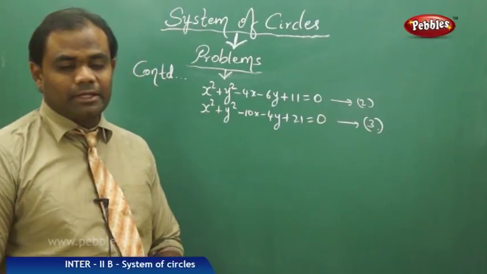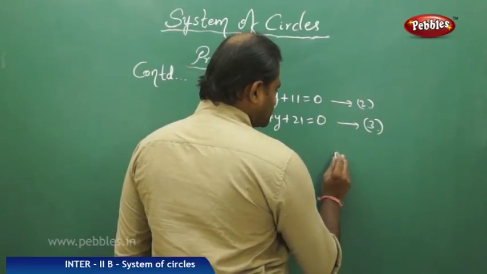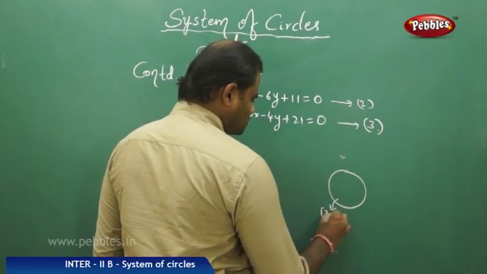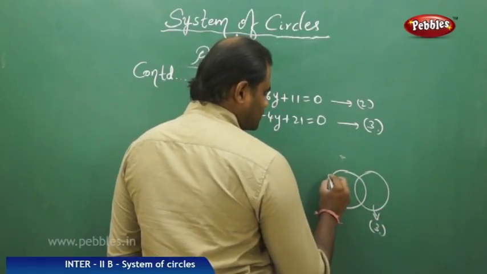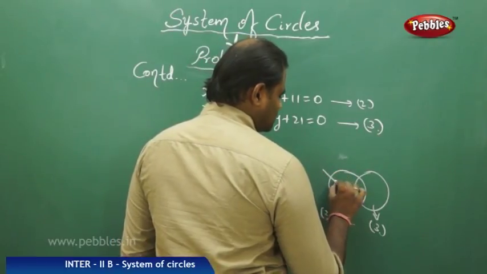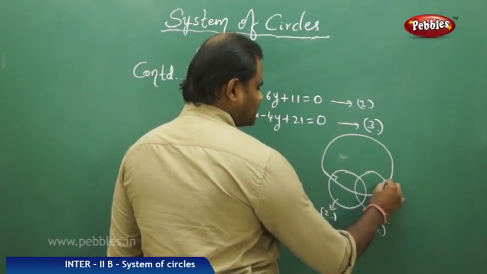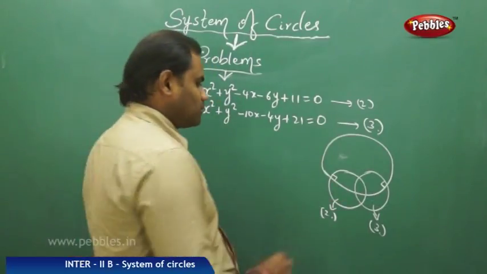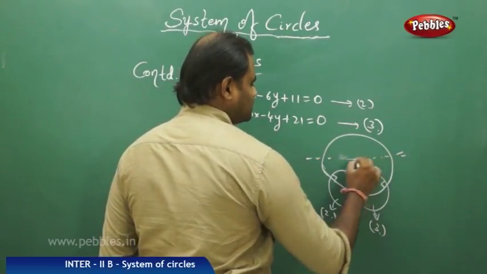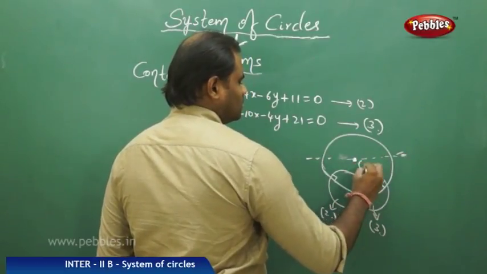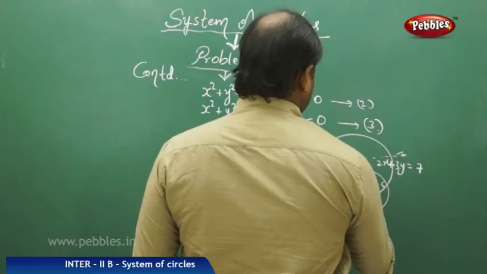Now with the given problem, we assume that if I would like to find the equation of the circle which cuts the circle with equation 2 and the circle with equation 3, then the circle which is cutting this orthogonally, that is at 90 degrees and at 90 degrees, then we have to find the circle which cuts this circle at 90 and this circle at 90 and has its diameter on the line 2x plus 3y equals 7.